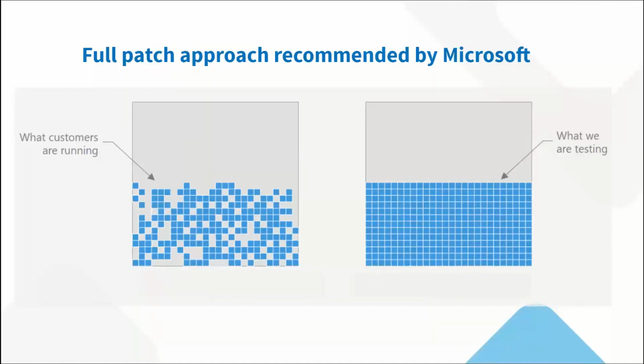Let's take an overview on how Microsoft recommends patching for customers' environment. As you all know, the second Tuesday of every month is considered to be the Patch Tuesday for Microsoft. During this time, Microsoft releases a lot of security and non-security updates. Most customers consider only the security updates and ignore the non-security updates.